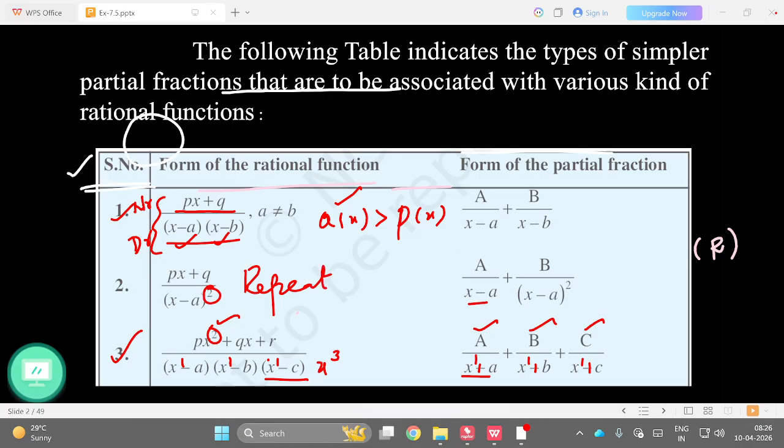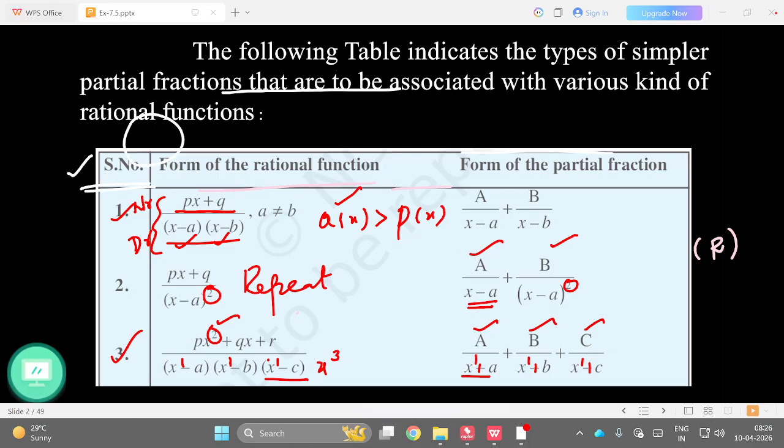Okay, x minus a: this step is very important. When people write this, separating the variable on the right side, they are eager to separate as a by x minus a, b by x minus a, but they are not interested in writing the whole square when it is repeated. You should write repeated factors too.